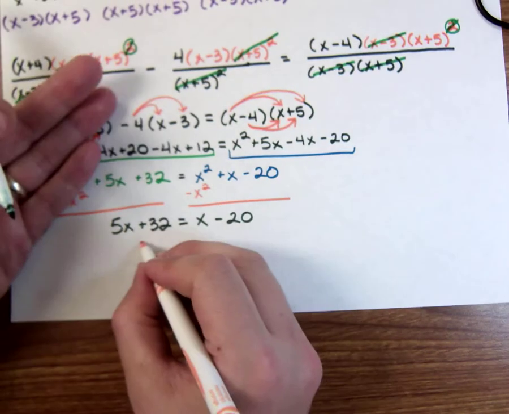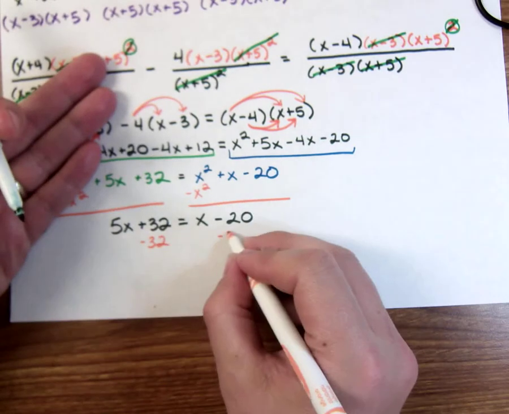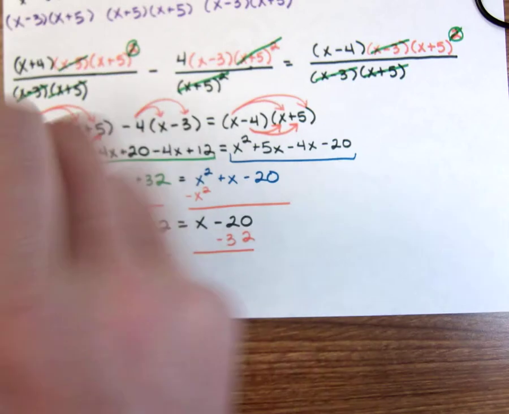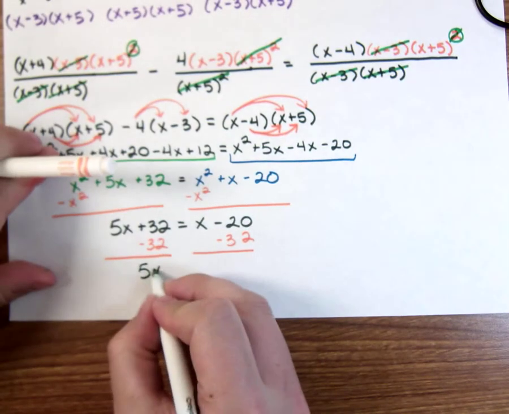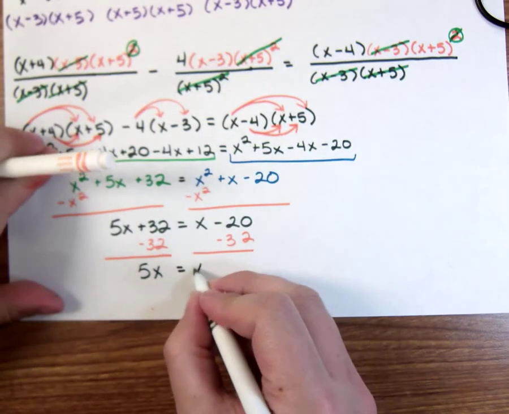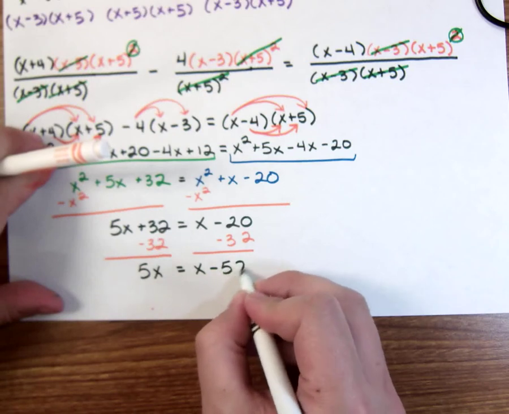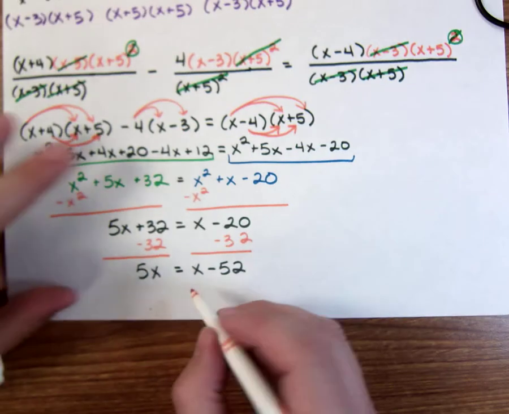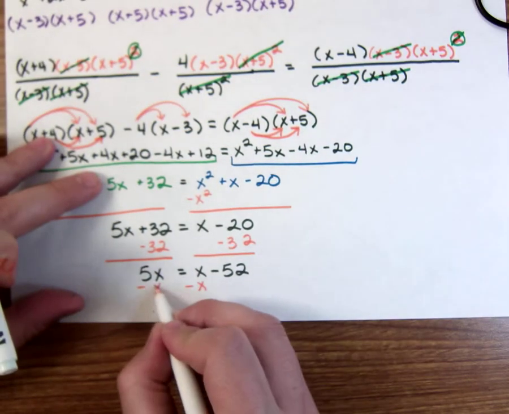Okay, subtract 32. That seems like a good plan. So 5x equals x minus 52. Let's subtract the x, that's good.